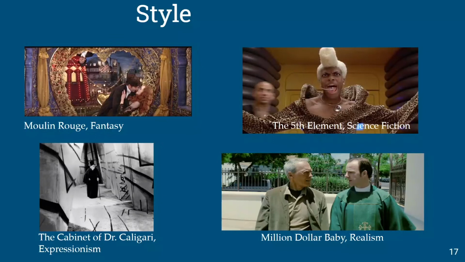It's also knowing the expectation of your audience. When I go to a fantasy film like Moulin Rouge, although I'll admit I don't think I've ever seen Moulin Rouge, I've seen enough of it to know the grandiose production design lived up to what you would expect. So this very whimsical, bright, colorful environment, especially for a musical.